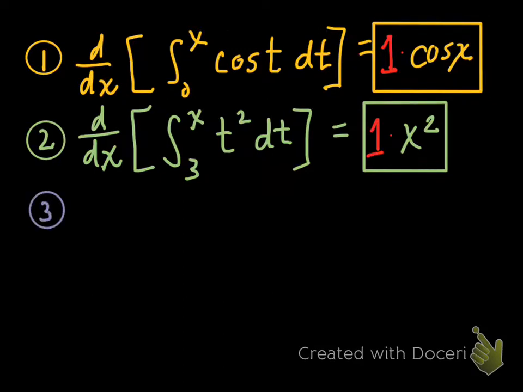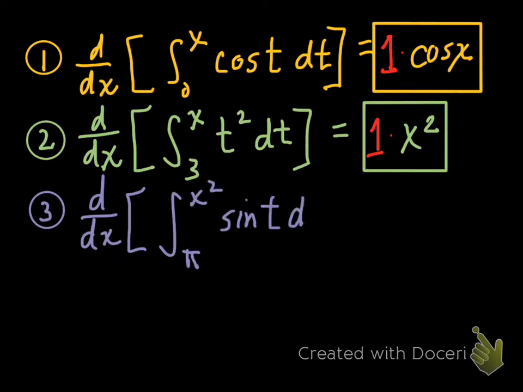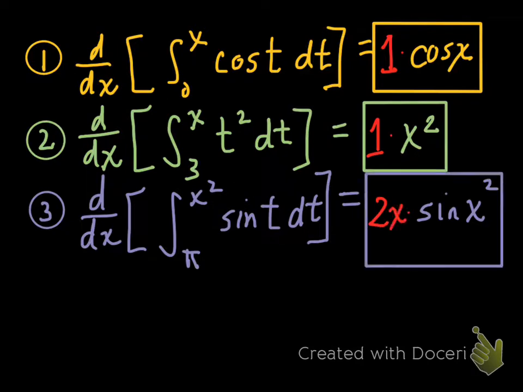Our third scenario, the derivative of the integral from pi to x squared of sine t dt. Take that x squared, plug it in for t, you get sine x squared. Don't forget to multiply by the derivative of the upper limit, which is 2x. The shortcut of FTC2.